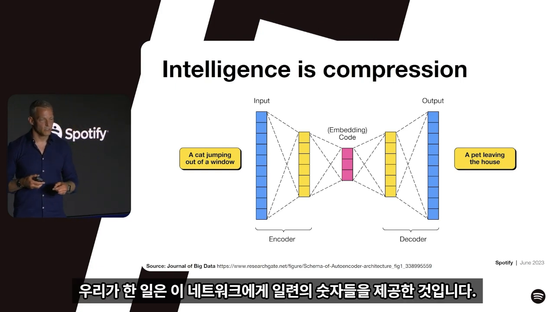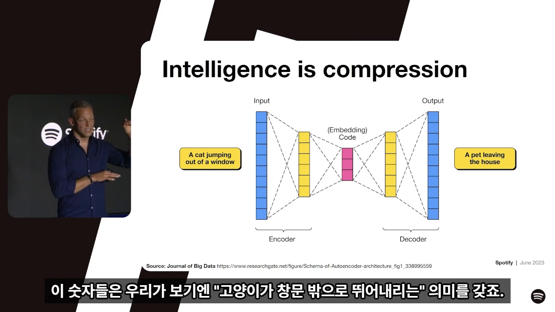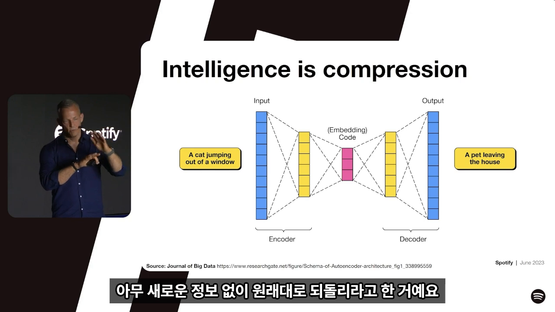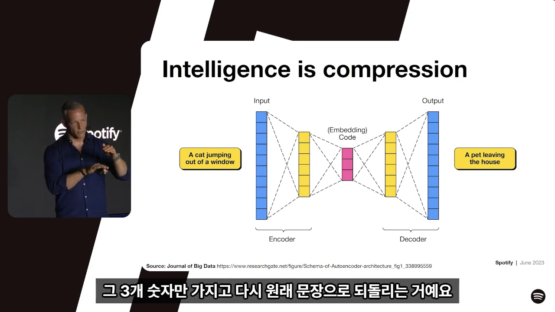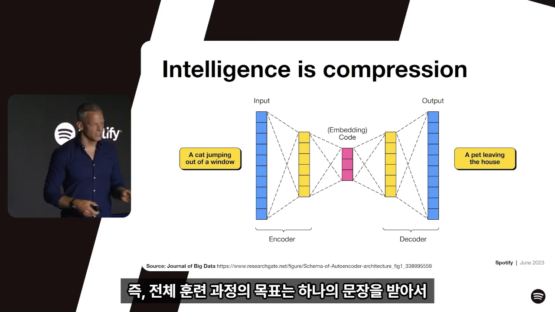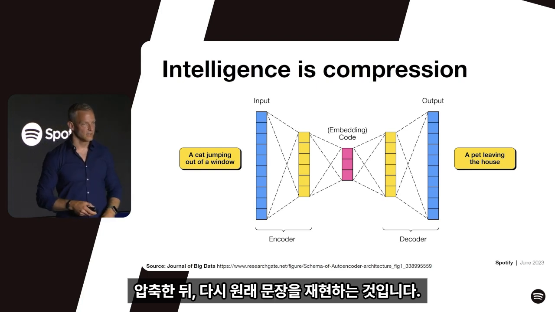All we did was tell this network that here's a sequence of numbers that to us means a cat jumping out of a window. You have to compress those 6 numbers to 3 numbers and then expand, without any new information, just from those 3 numbers, back into the same sentence, or as close as you can get. So the entire training task here is to take a sentence, compress it, and try to recreate the same sentence.